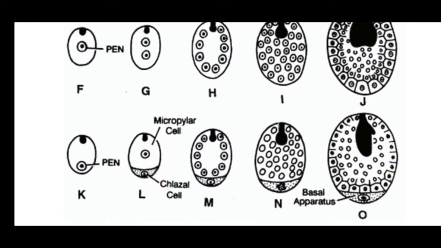Now the micropylar cell undergoes free nuclear division, and keeps on forming a large number of cells like that, whereas the basal cell, the one at the chalazal side, divides into a small number of cells and remains as a basal apparatus. Now this particular form of endosperm formation is common in the case of monocots.